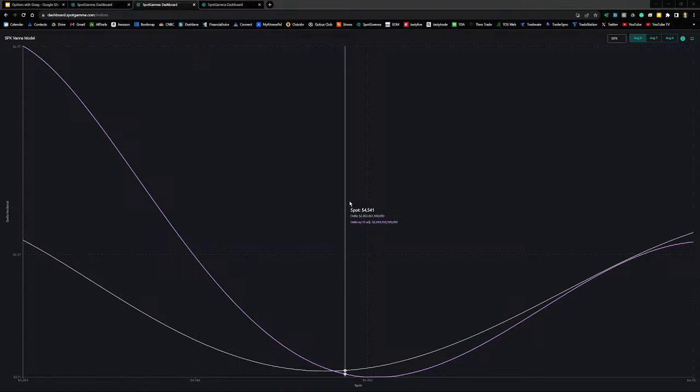All right, SPX right now is trading around 44.80. So still firmly in the negative portion of this Vanna curve. So again, in a negative gamma environment, on this portion of the Vanna model, we're expecting larger moves enhanced by market makers trading with price.